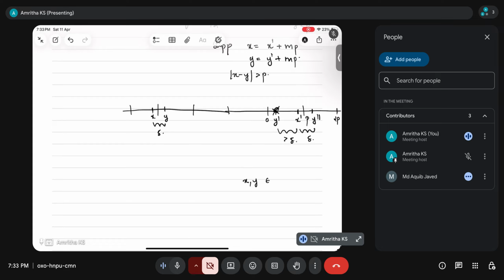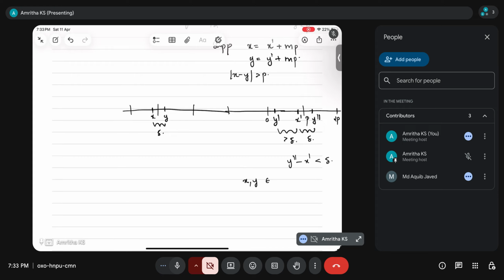That you can do, y dash here. Then you add p. Then you will get y double dash, right? Then you can see that y double dash minus x dash is less than delta.